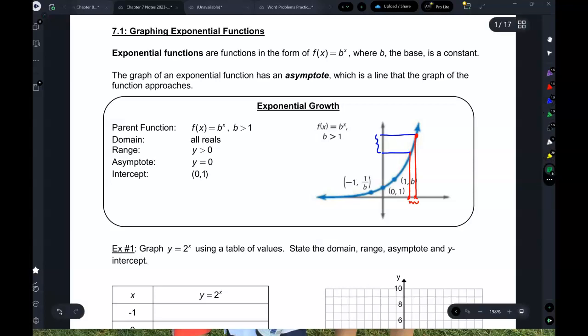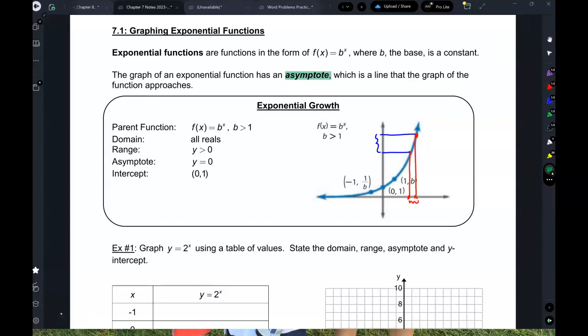We call that concept an asymptote. An asymptote is an imaginary line that the graph comes very, very close to, but never touches. All exponential functions have a horizontal asymptote right there. It's drawn with a dotted line, and it's a line that the graph comes exceedingly close to but never touches.